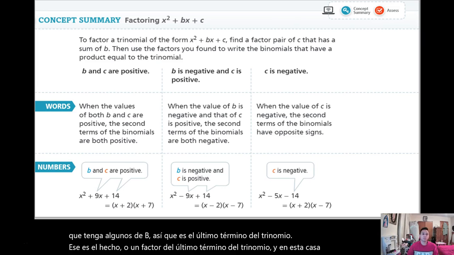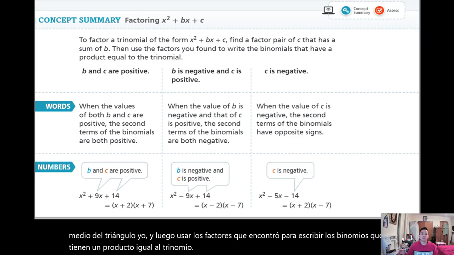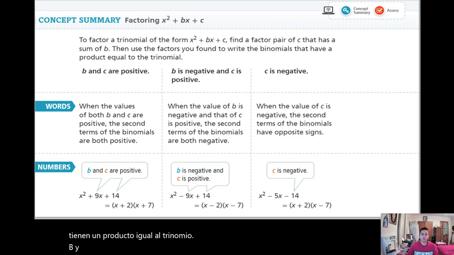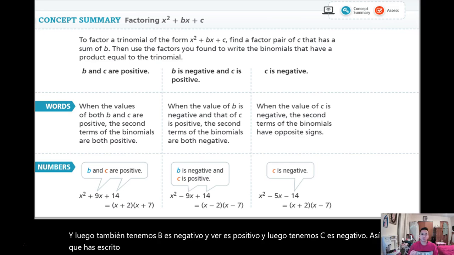Then use the factors you found to write the binomials that have a product equal to the trinomial. We have cases where b and c are positive, where b is negative and c is positive, and where c is negative. So you just pause this video and take a look at the concept summary.